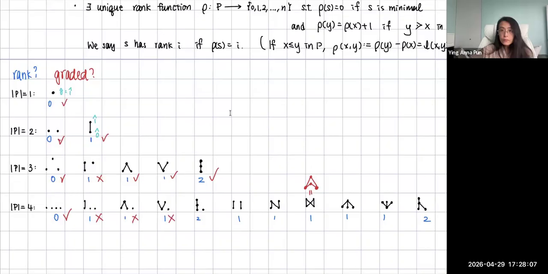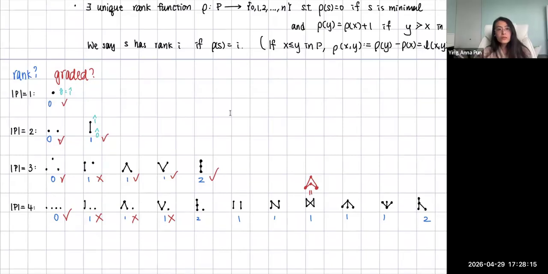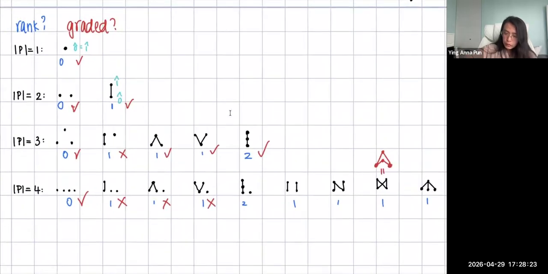So the rank function is only defined for comparable elements? Yes. No, so the rank function, say for example, if you're graded, say this guy is graded, then I just need to know, okay, what are the minimal guys?